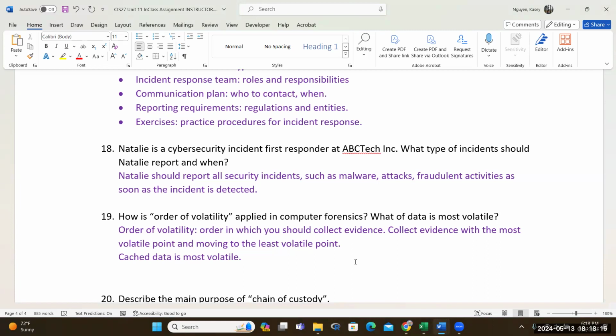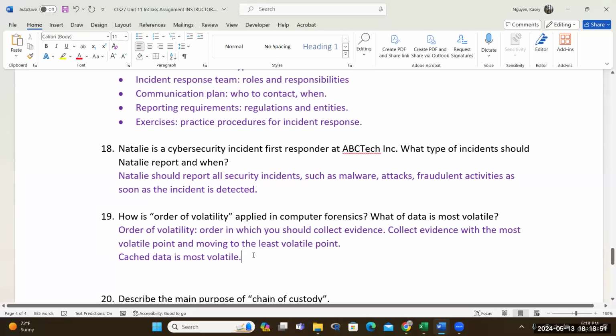You take an image of it, basically a capture of all the OS and all the applications, and you need to follow the order of volatility. We need to collect the evidence starting with the most volatile point and moving to the least volatile point. Like cache data. Cache data is from a memory location that is temporarily stored on your system, and it goes away when you shut down that computer.